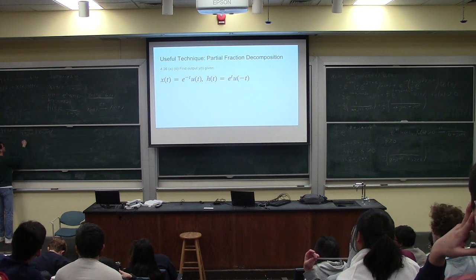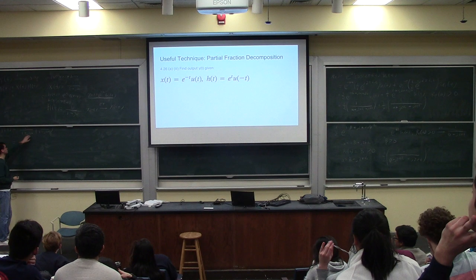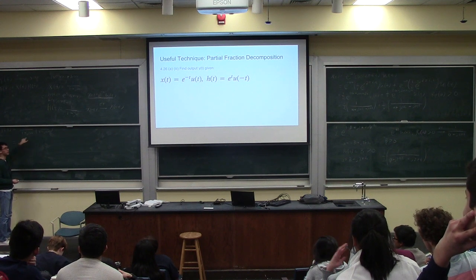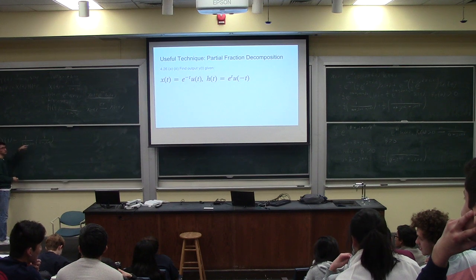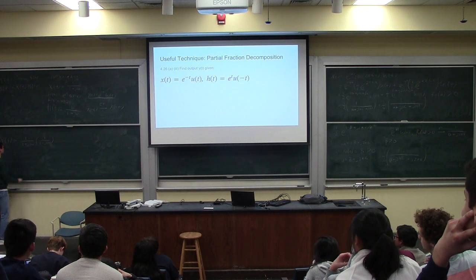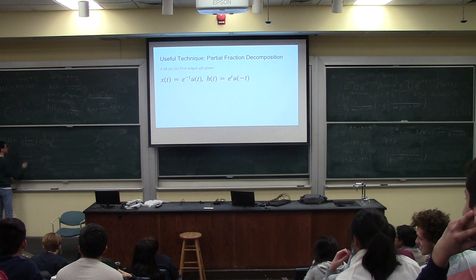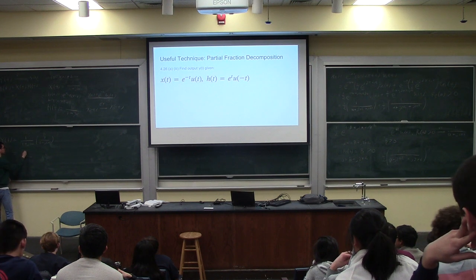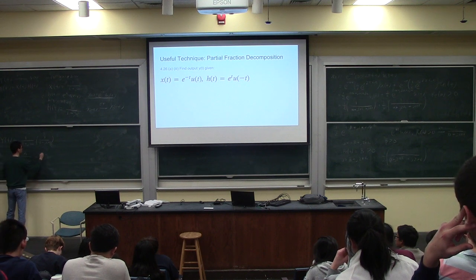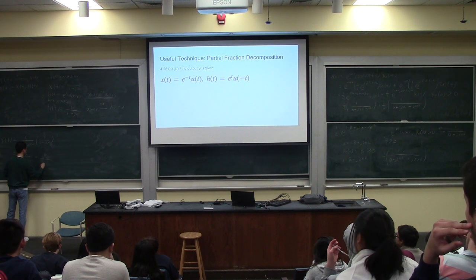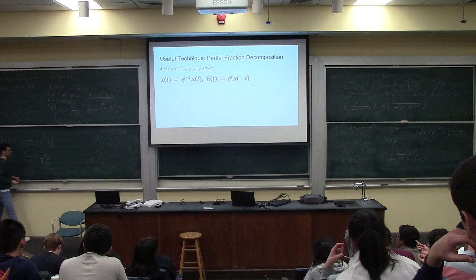Well, something called partial fraction decomposition is that you basically can write this product of two rational terms with factors on the denominator as a sum of their individual factors with some constants on top. It looks something like this.